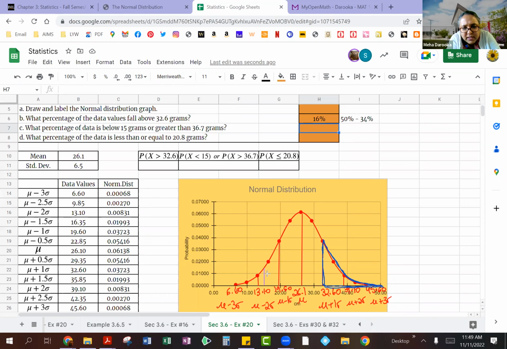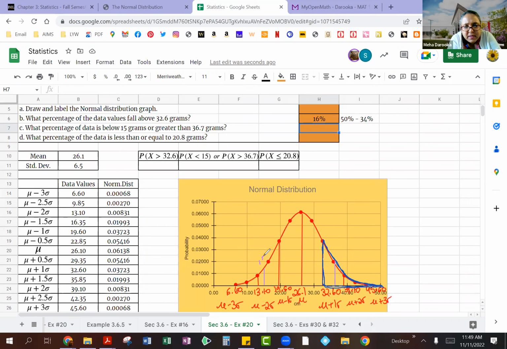And I'm kind of eyeballing this guy, so if I'm a little off, I apologize. And then below 15 grams and greater than 36.7. And again, I am really eyeballing this. Maybe somewhere over here.